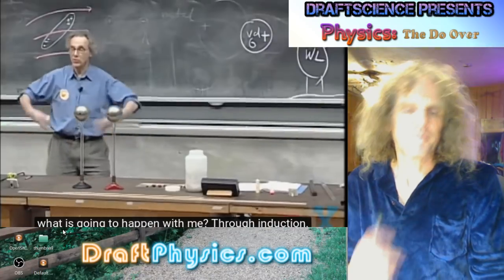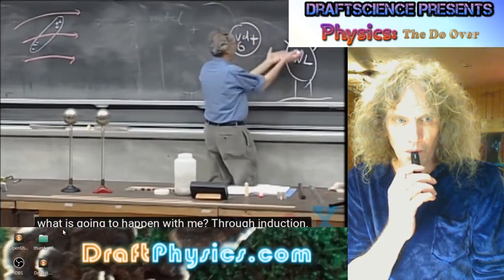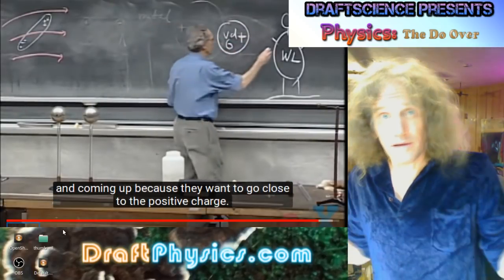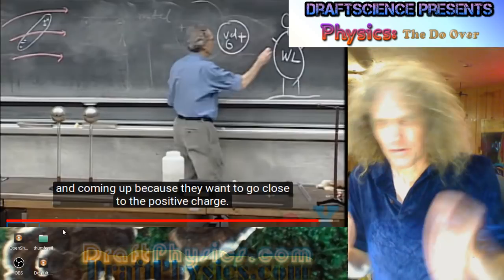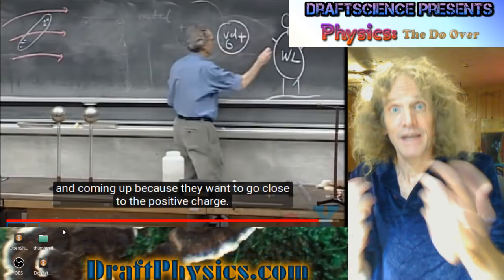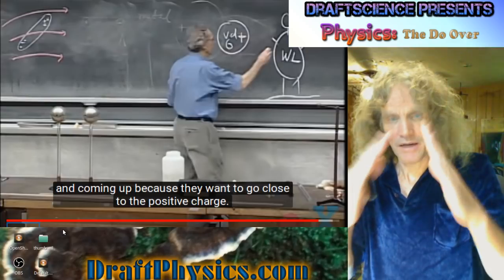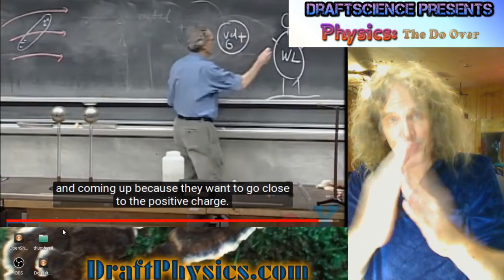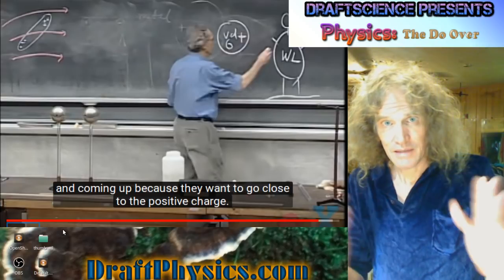Through induction, the electrons being sucked out of the Earth and coming up because they want to go close to the positive charge. So again, the electrons aren't moving. There's no electrons going anywhere. They're just pushing against each other, creating pressure. Electrons are being compressed into a smaller amount of space. They're being pressurized. That's it.